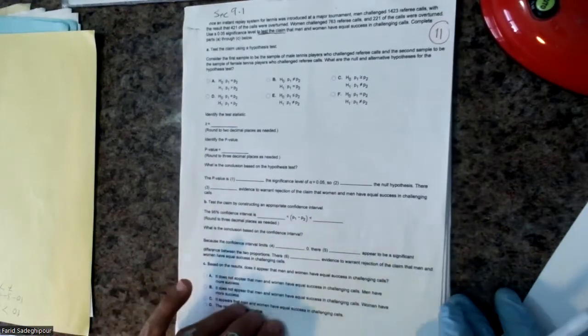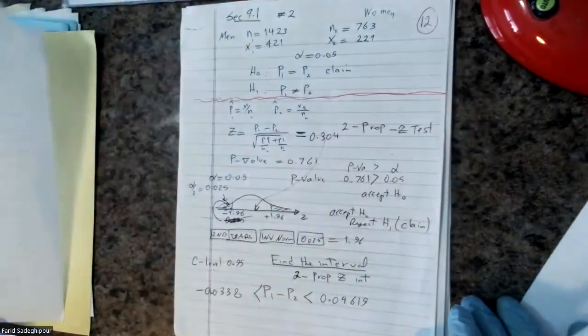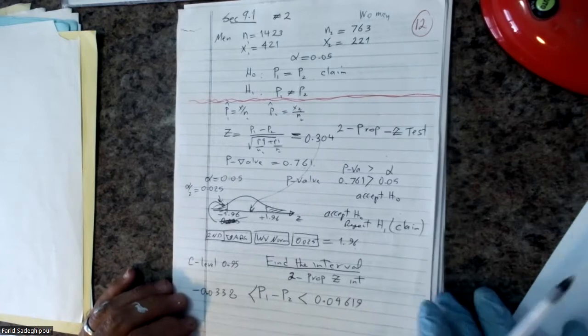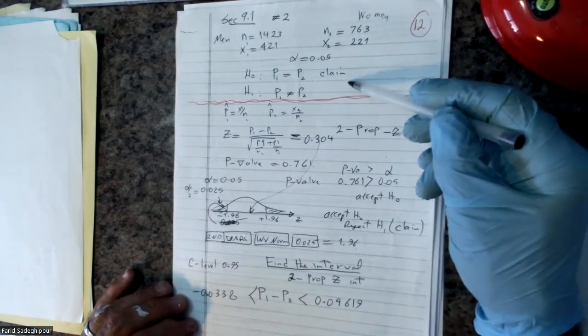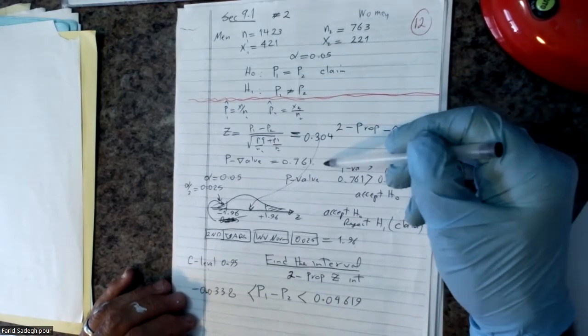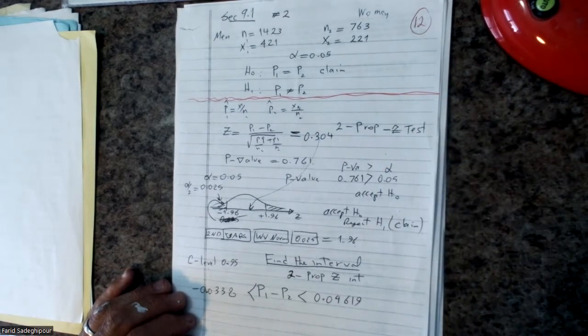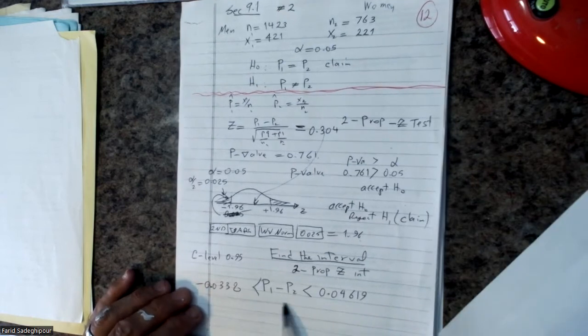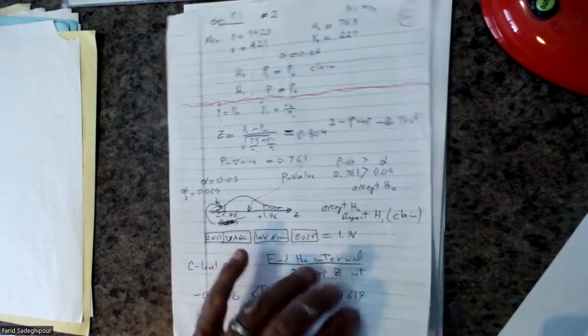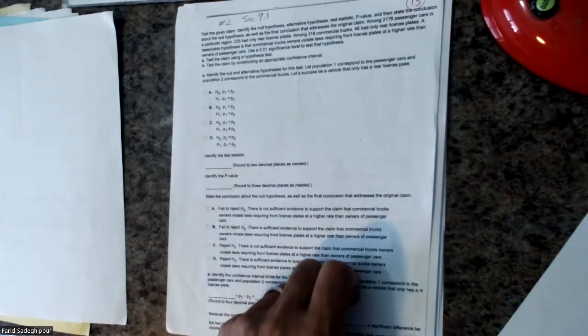These are again some examples. Very similar to that. Same thing, claim, and how to calculate using the difference of populations. This is the second example.